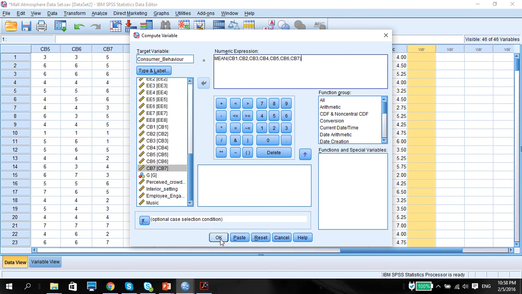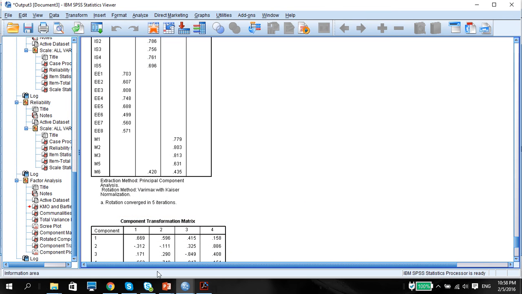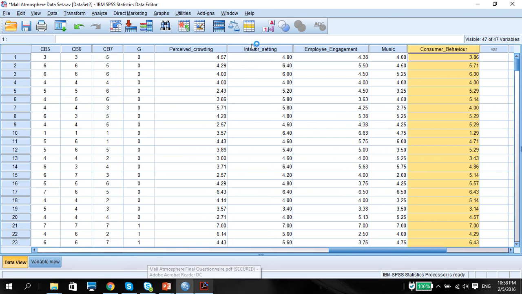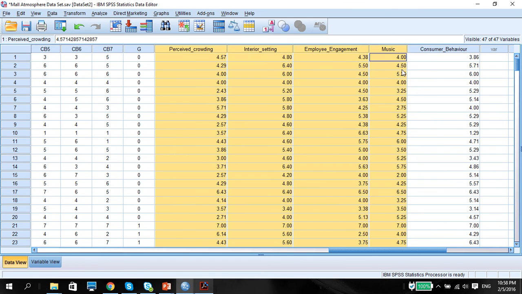So once we've got all 7, we can literally now use these variables to do our linear regression and hypothesis testing.